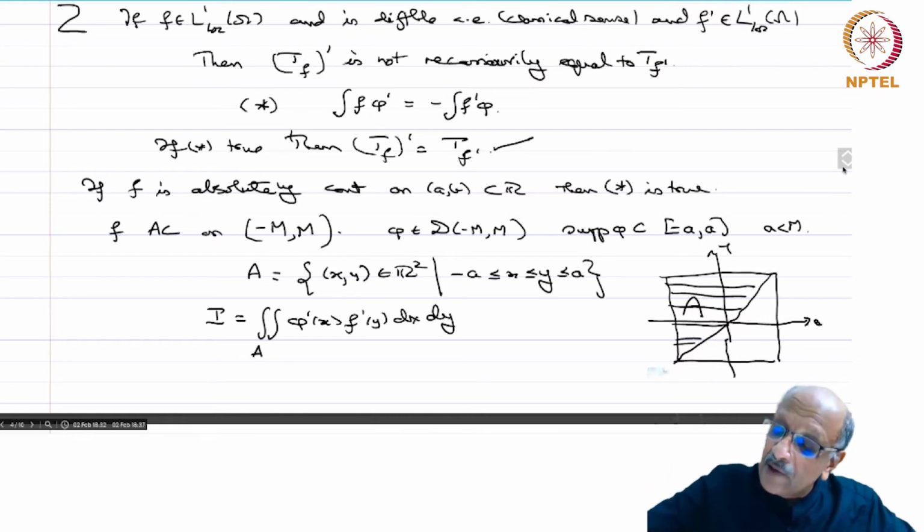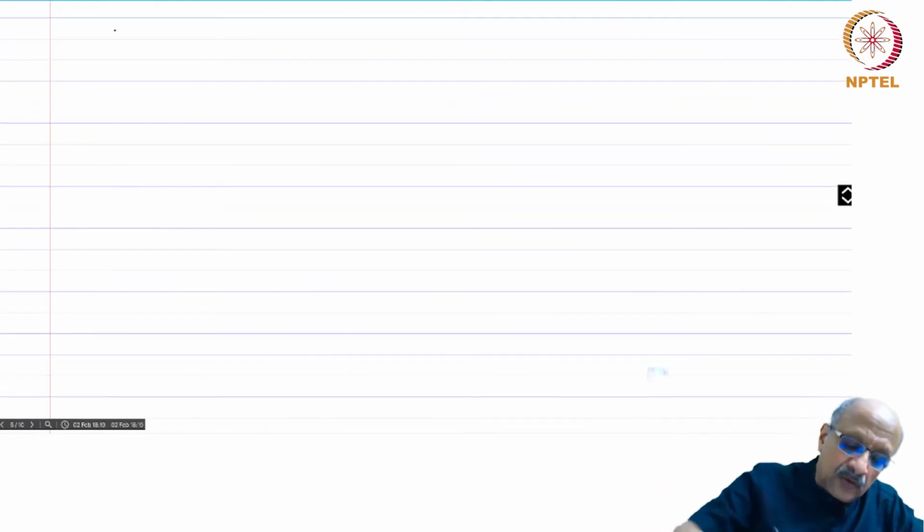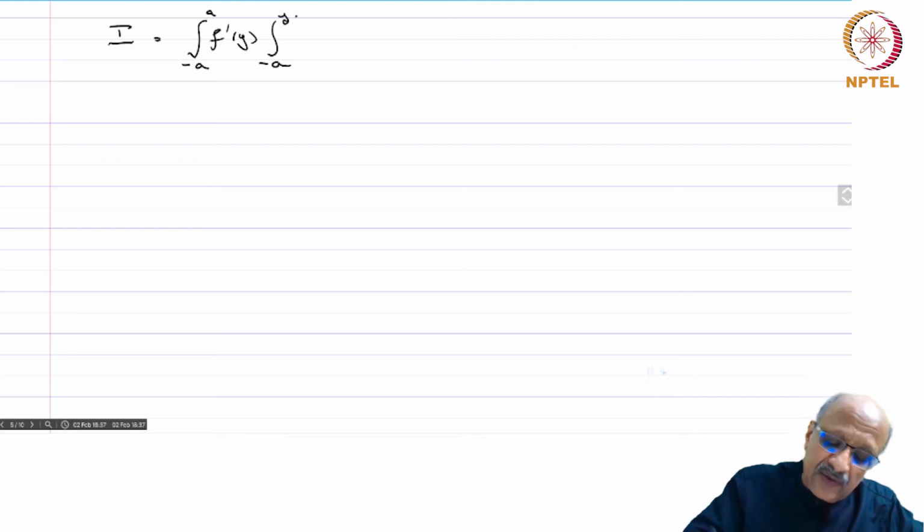So I am going to evaluate this integral in two different ways. On one hand you have I equals the integral from minus a to a of f dash y times the integral from minus a to y, because x is less than or equal to y, of phi dash x dx, and then you have dy.